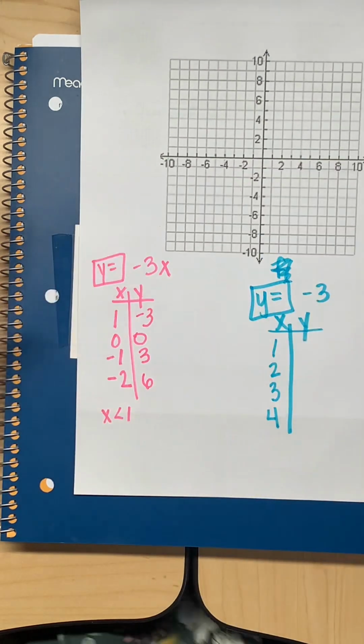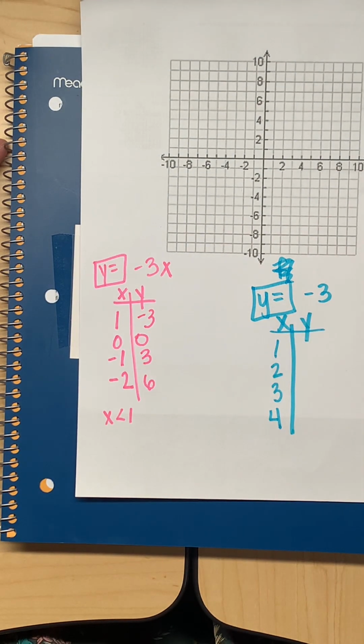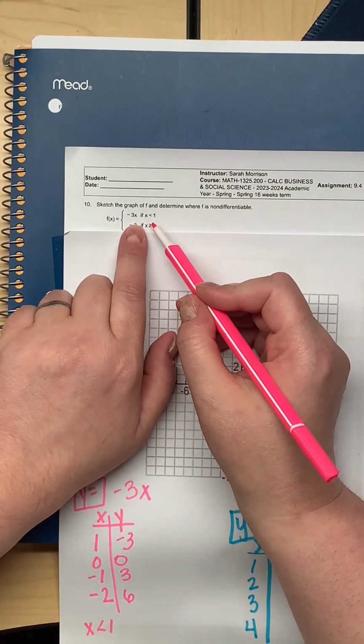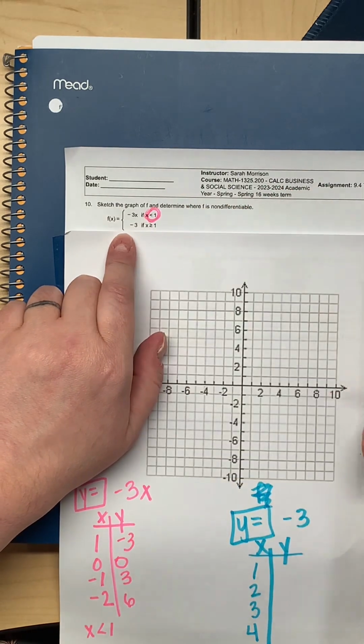Okay. Then I'm going to draw these points on my graph. The only thing is, at the very beginning of this question, it said negative 3x if x is less than 1.